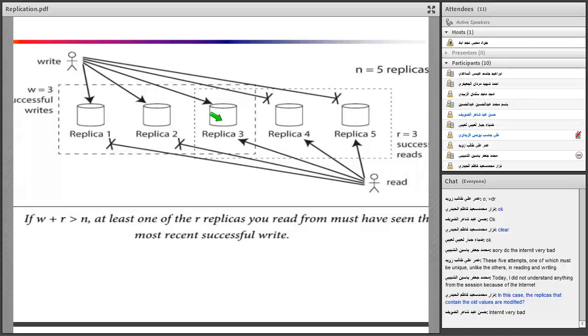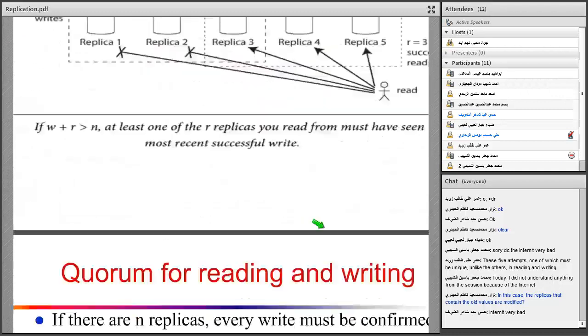In this example, we concentrate on this question and this challenge. When we use this quorum, we can be sure that at least one of the replicas must have seen the most recent successful write.